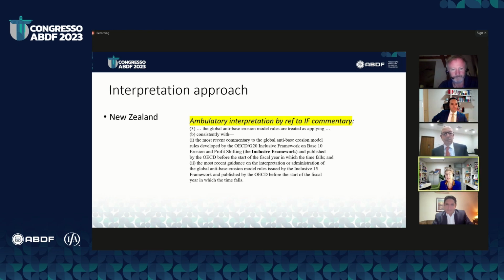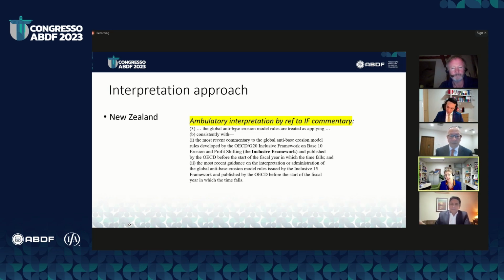Yeah, so look, just very briefly, I think this is also a rather interesting question that we are all going to have to deal with. As you say, Dali and Leidson, Pillar 2 is coming. How do we interpret these rules? The New Zealand draft has a proposal about interpretation.